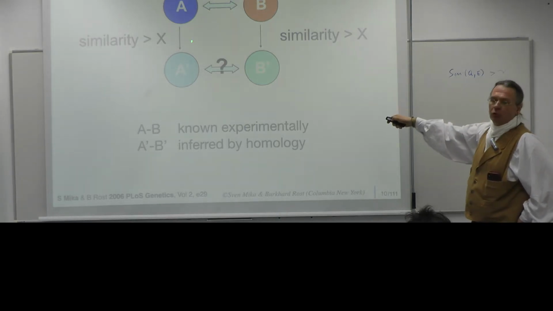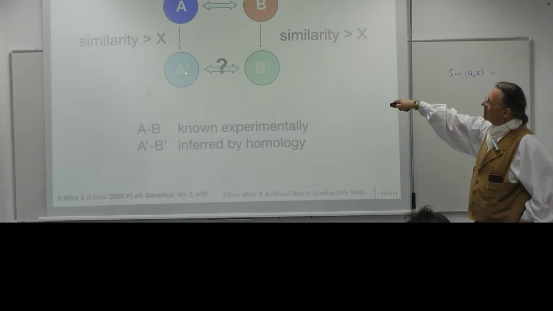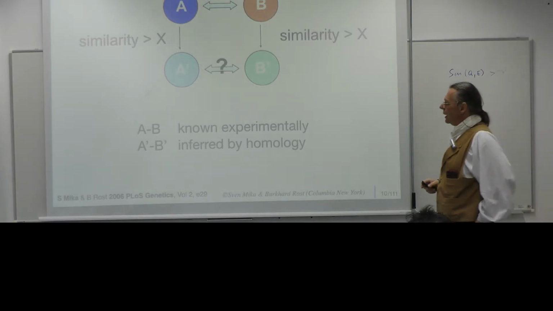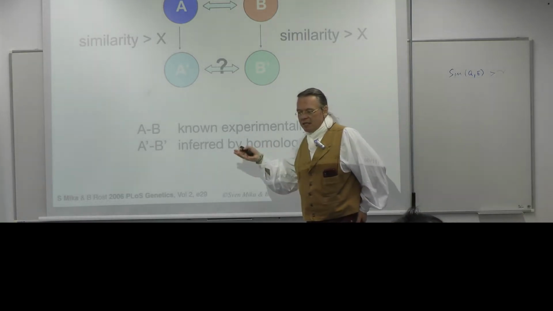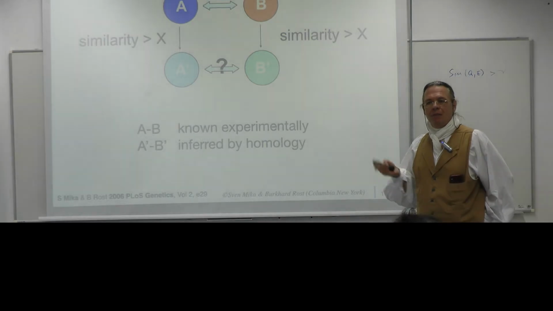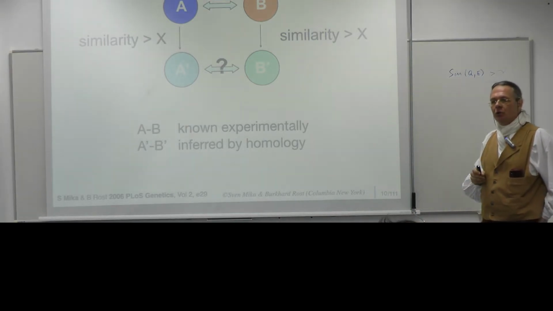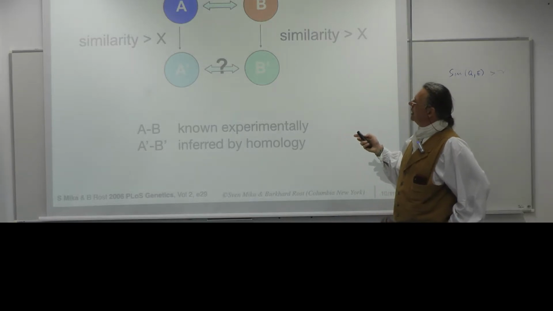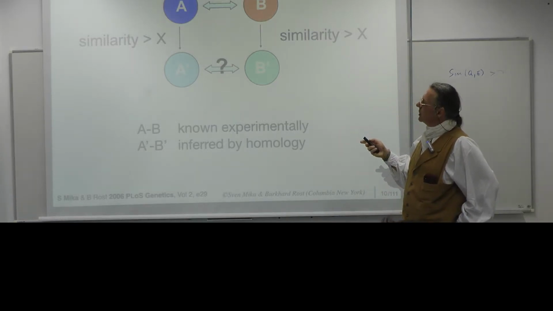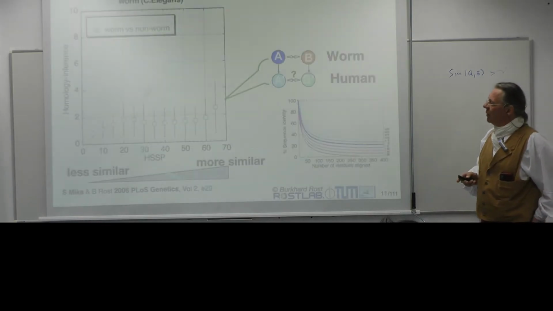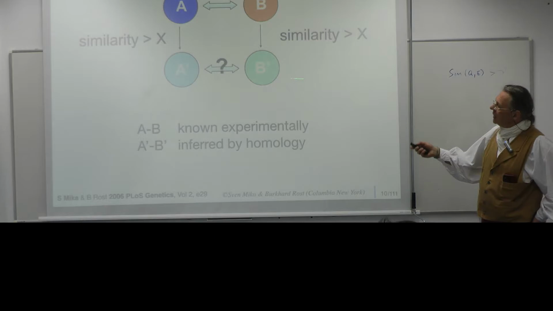In this case, you have two thresholds: between A prime and A, and between B prime and B. You can think about the average, the maximum or the minimum. What I'm going to show you on the next slide is the threshold of the minimal of these two pairs, and some examples of how we can use this.